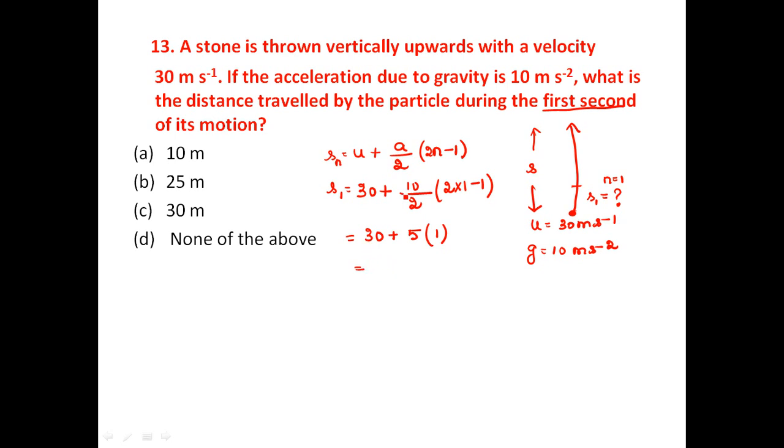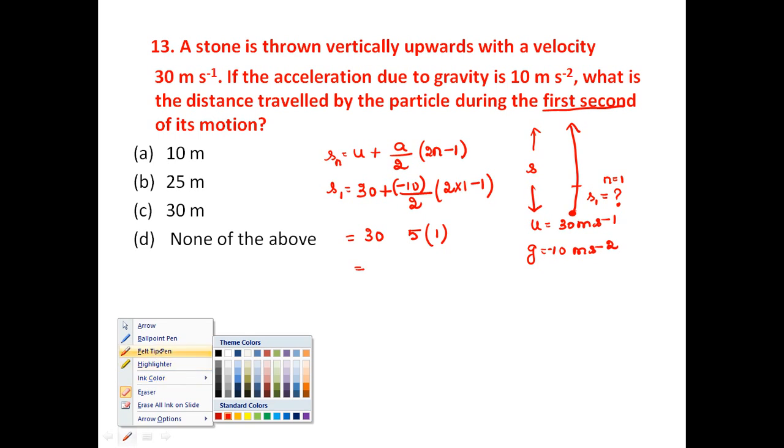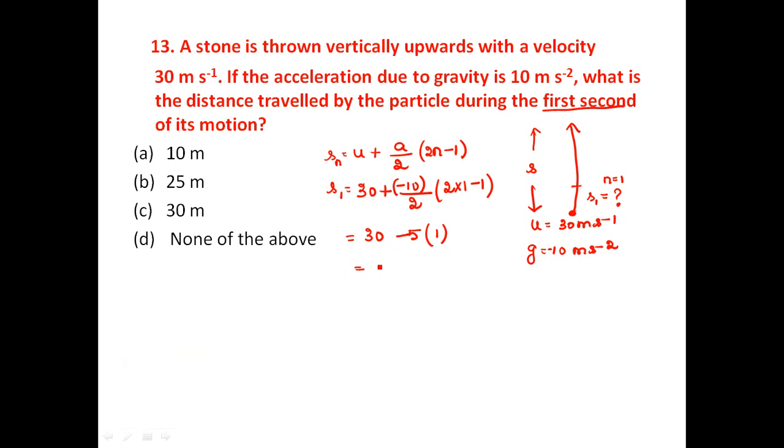Here, acceleration due to gravity is 10 meter per second square, but for an object that is moving vertically upwards, acceleration due to gravity is negative. Alright, minus 10, and here also the sign will be negative, right?